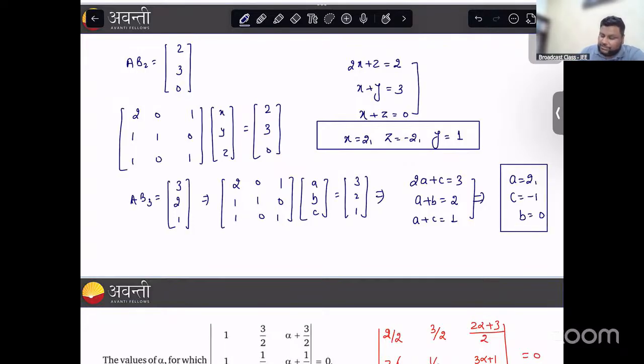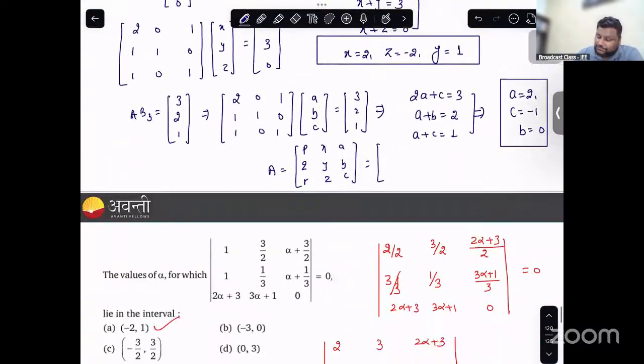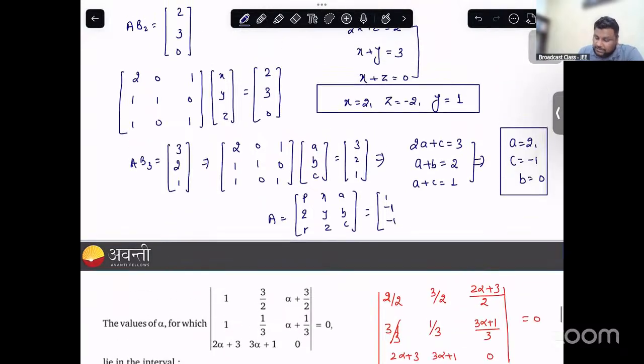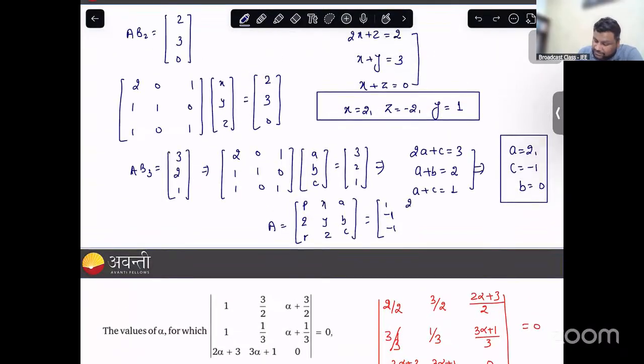So with this, you get the entire matrix B. Matrix B was PQR, XYZ, ABC. So it is going to be PQR is 1, -1, -1. Sorry, PQR, then XYZ, which is 2, -2, 1.